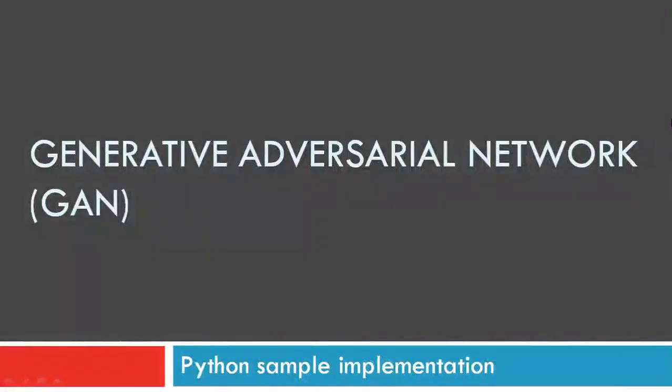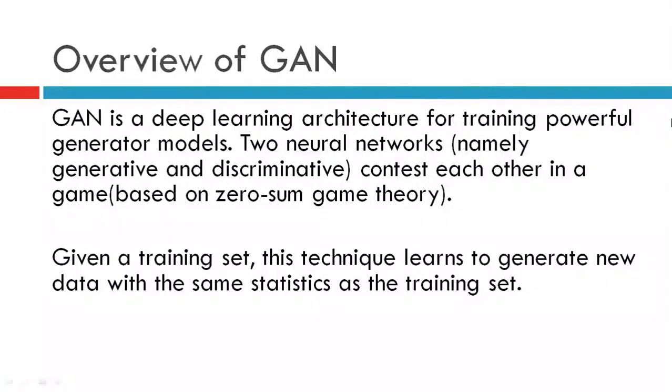Today I am going to show you the practical implementation of Generative Adversarial Network, or GAN in short. There are many variations of generative model, and today I am going to show you DCGAN, Deep Convolutional Generative Adversarial Network.